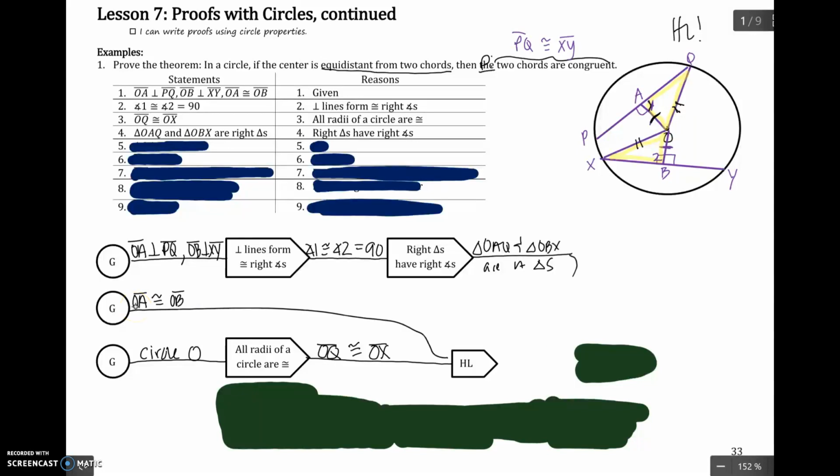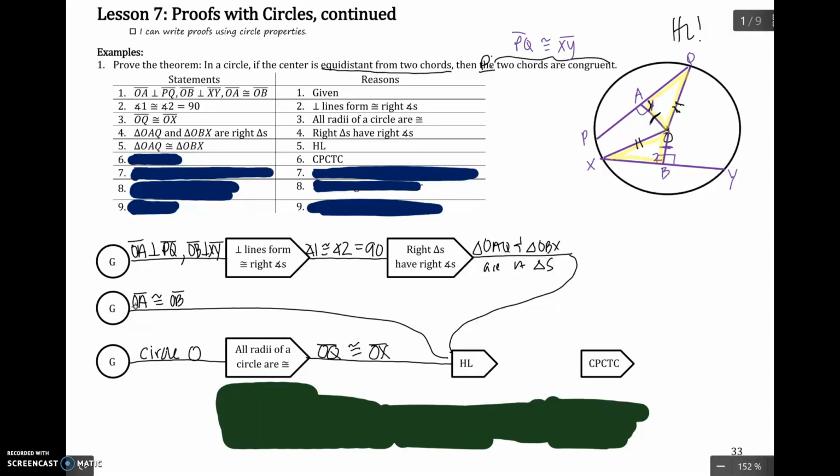And what that allows me to do is say, okay, it's not really ASS, which is not allowed, but HL instead. And so my triangles will be congruent by HL.